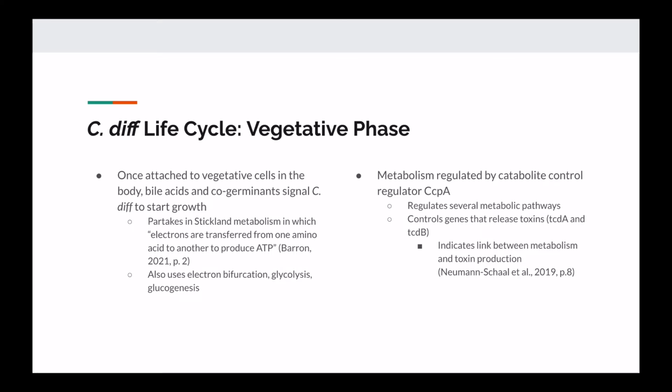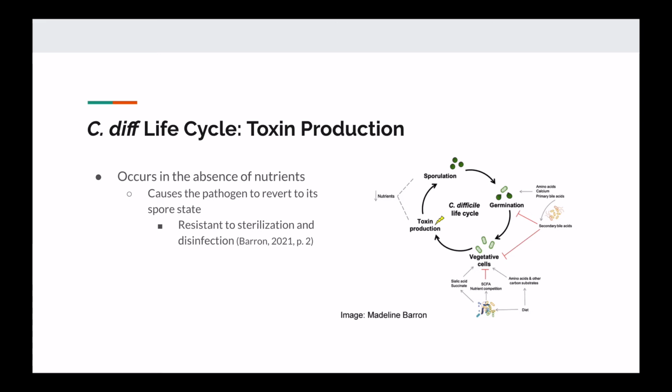Metabolism has to be regulated, and in C. diff, it's regulated by the catabolite control protein CcpA. It regulates several metabolic pathways and even controls genes that release toxins, TcdA and TcdB, that C. diff uses to infect people. CcpA indicates a link between metabolism and toxin production.